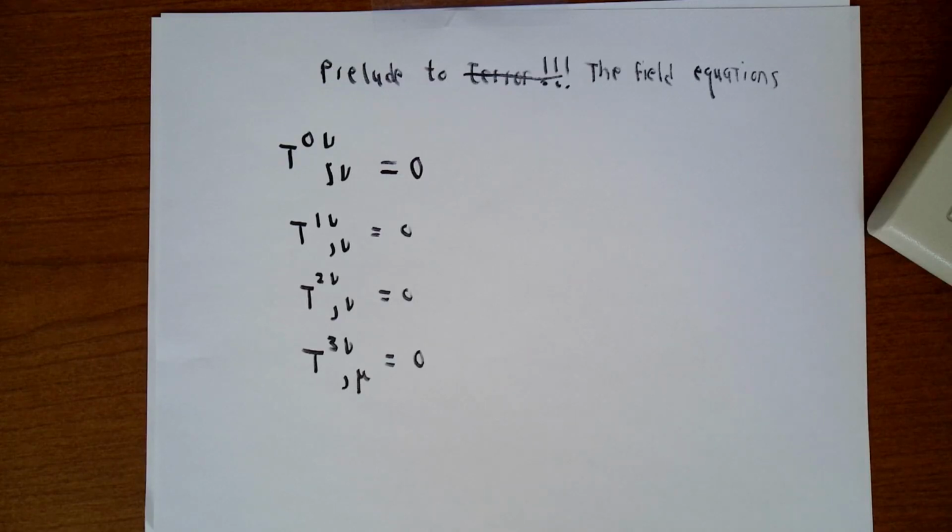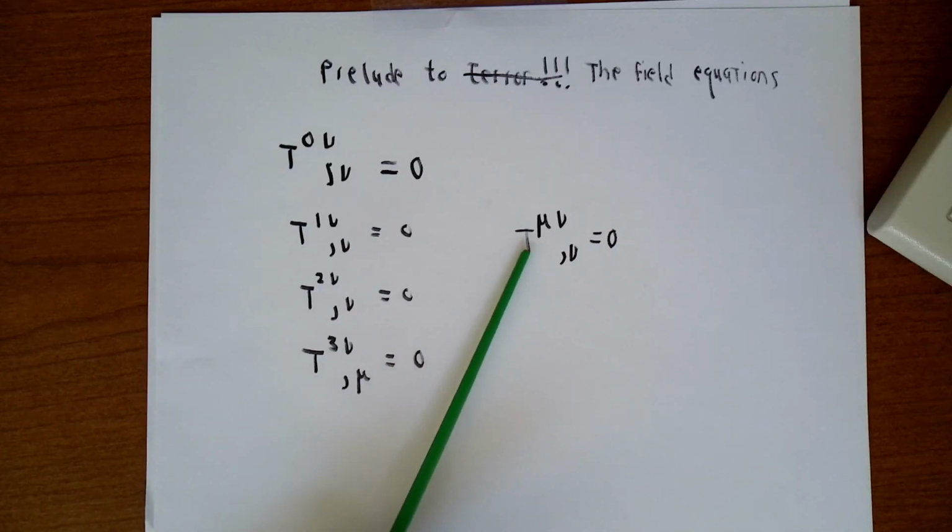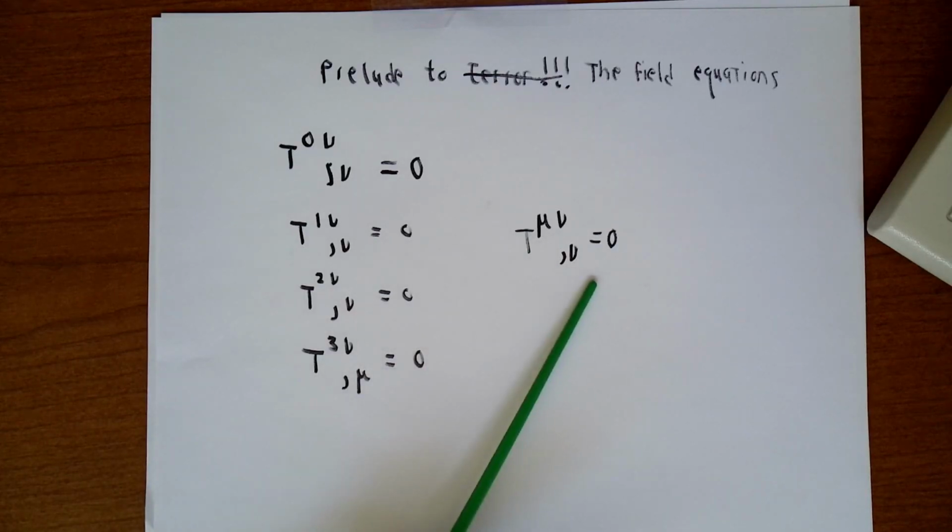But if you look at those 4 equations altogether, they're the same except for the first index on the T tensor. I can summarize this by writing T^{μν}_{,ν} = 0, with the understanding that the ν is an index of summation and that the equation is supposed to be true for μ equal 0, 1, 2, and 3.